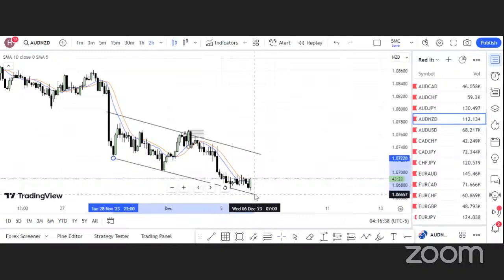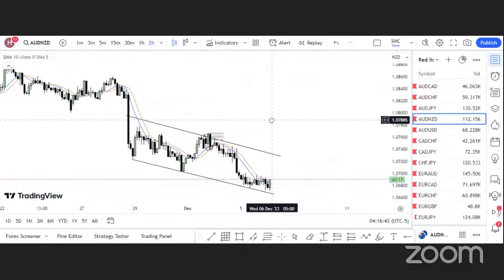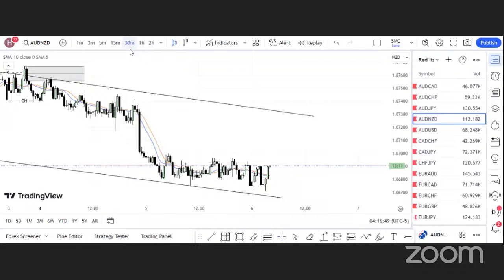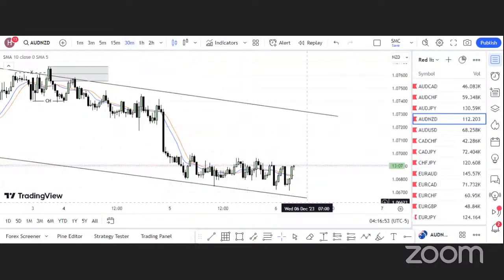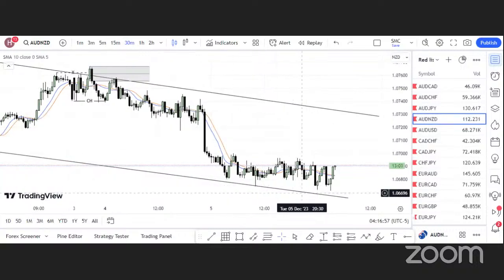Okay, so I made this analysis yesterday, and the market is still respecting my point of interest. Still respecting my point of interest.